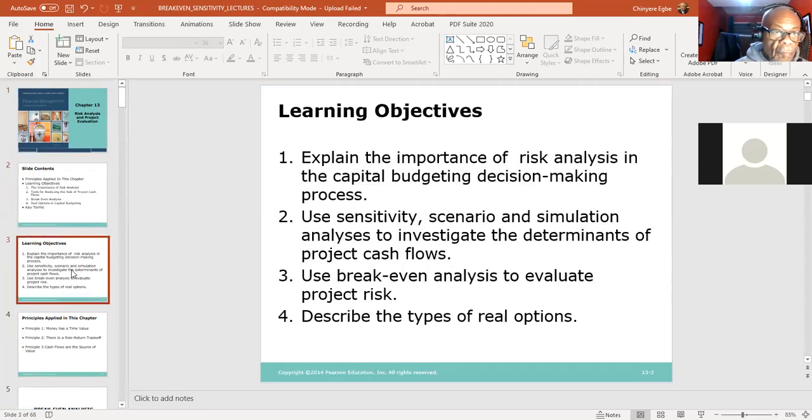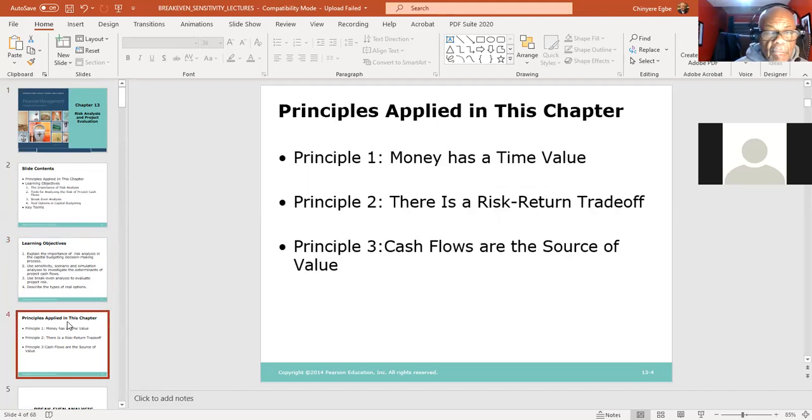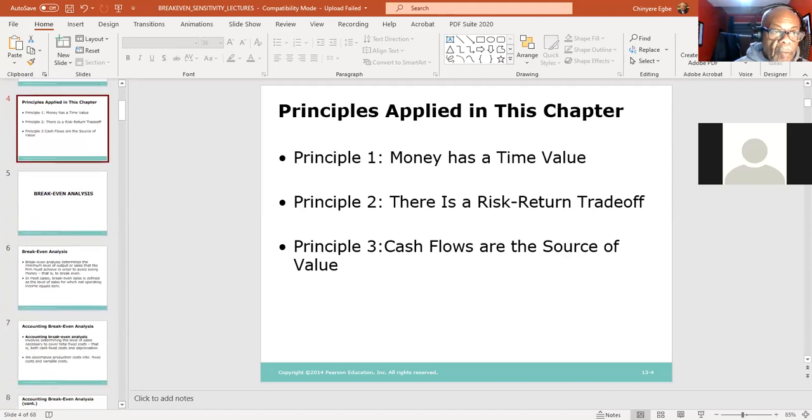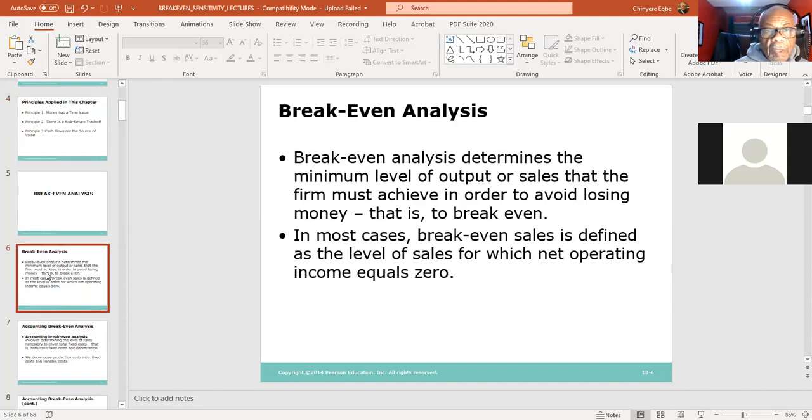We've already introduced the concept of break-even, and we're now going to talk about basic concepts. So today we're going to talk about break-even analysis, and then we will talk about sensitivity analysis.